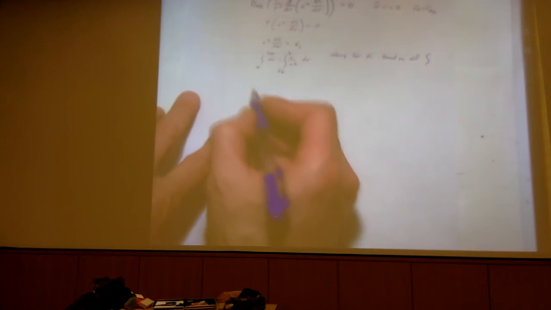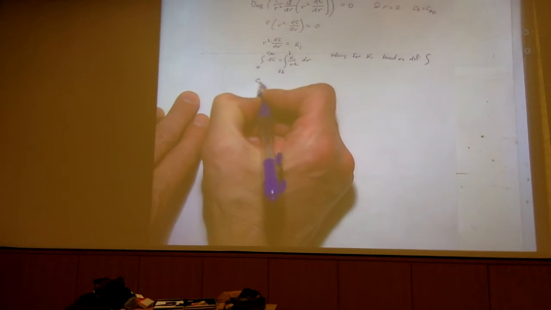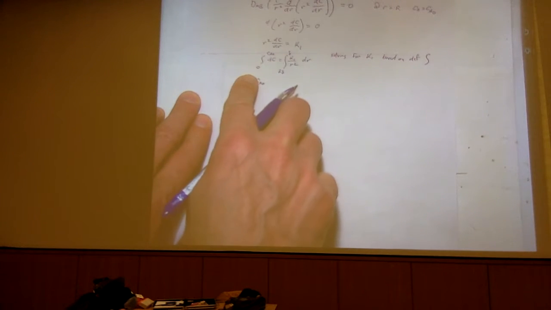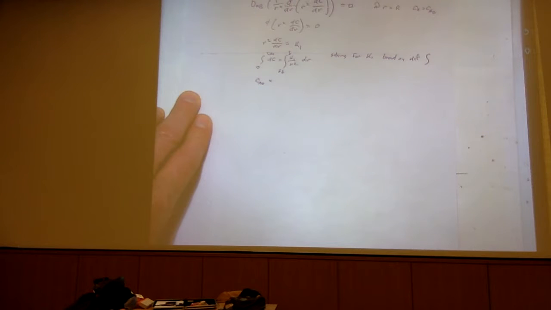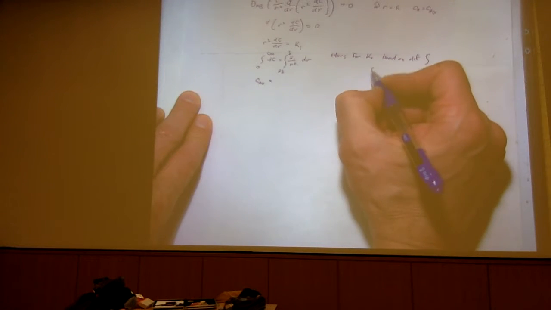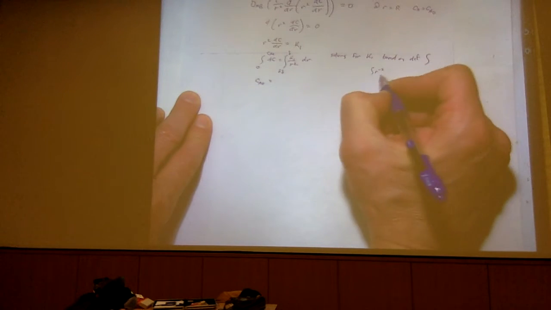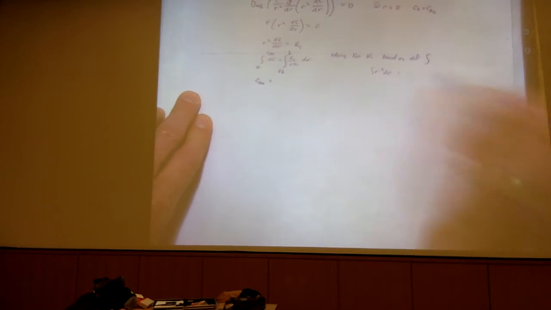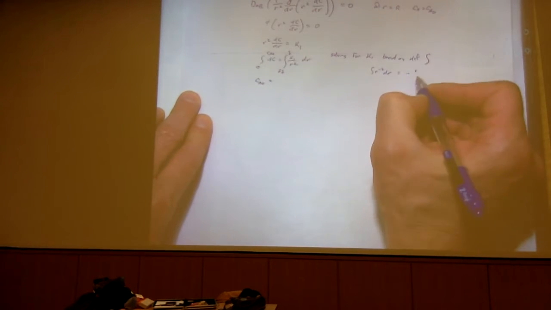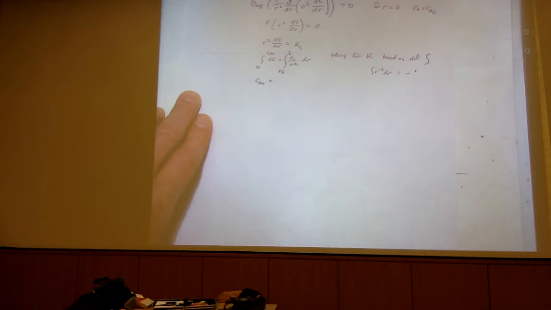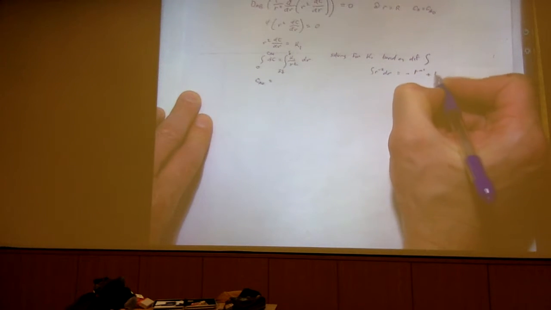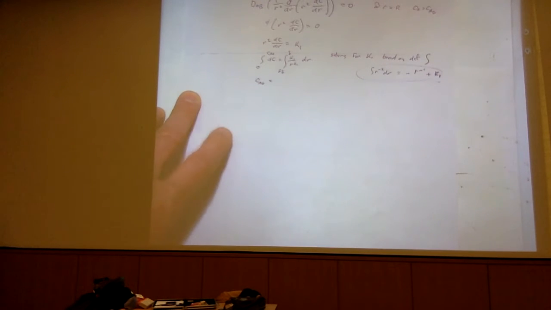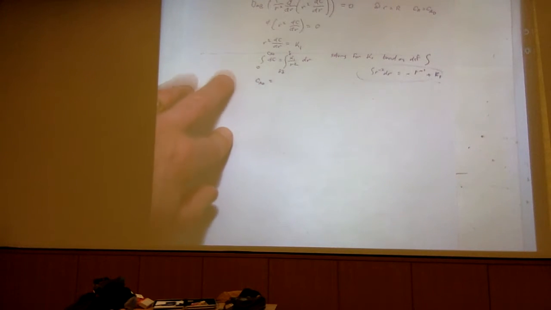So, can you do this? I get CA0, right? CA minus 0. What do I get on this other side? You have to remember that little thing of the integral of r to the minus 2 dr, which is going to be equal to minus 1 r to the add 1 kind of thing. And so that will be r to the minus 1 plus a constant, C1, right? You all remember that? Okay.